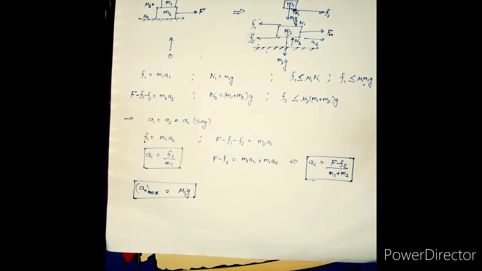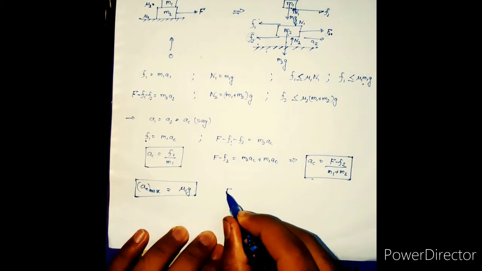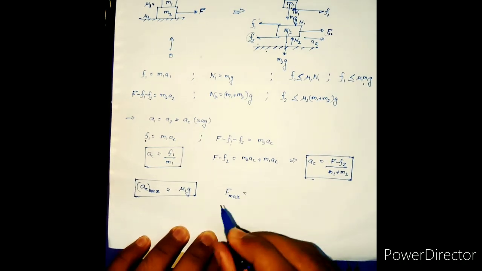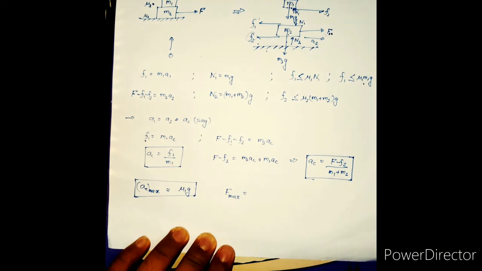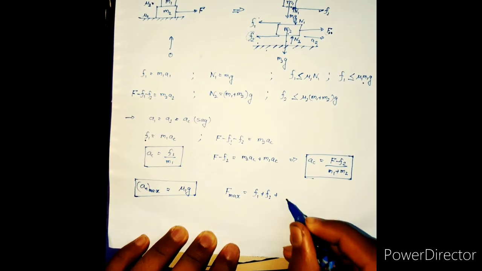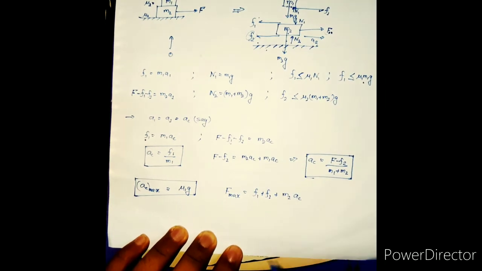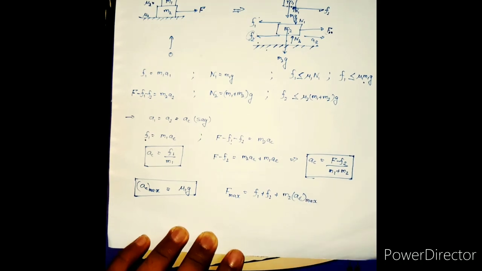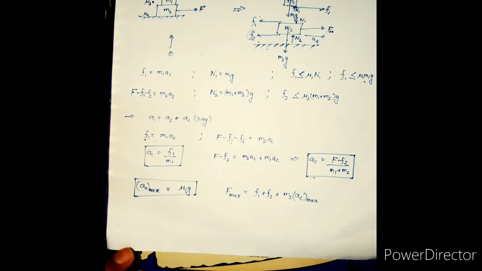Then what would happen? The force will also have a certain limit up to which both blocks will move together. Let us try to find the external force applied. I'm calling it F max, and F max can be written as F1 plus F2 plus M2 AC, but with a difference again, and that is AC max. Everything will be maximum now. We will be taking the maximum ranges.